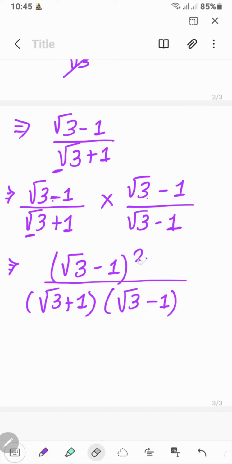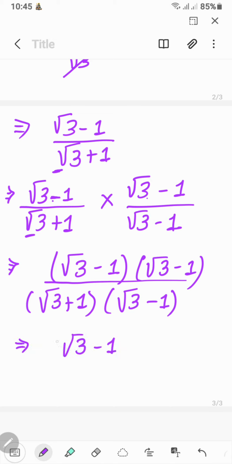If you are confused at the first step, let me do it this way. Root 3 minus 1, I just kept the bracket in it and kept them together.